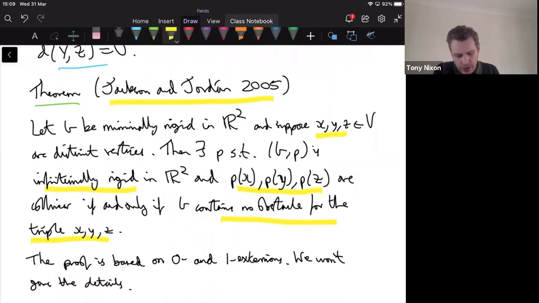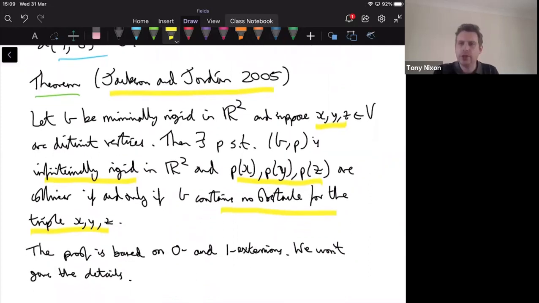Okay, so I decided not to go into the details of the proof. I'll just make one small remark: it would have been a natural thing to include in the course because it's the same proof technique that we've used a lot.